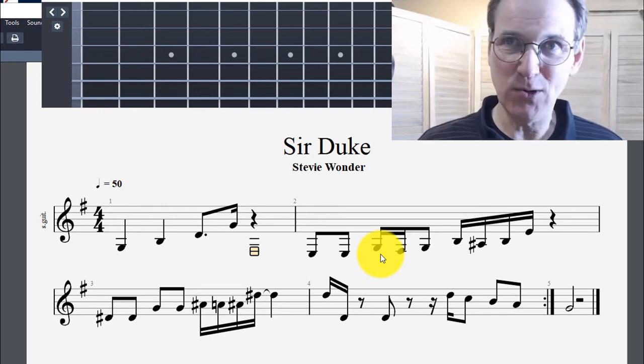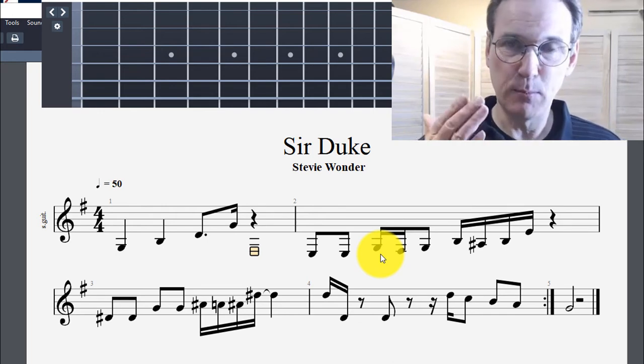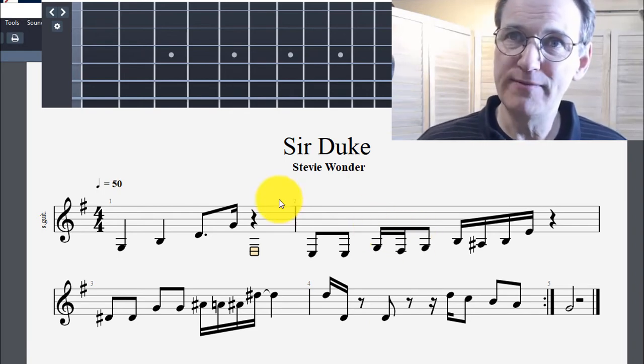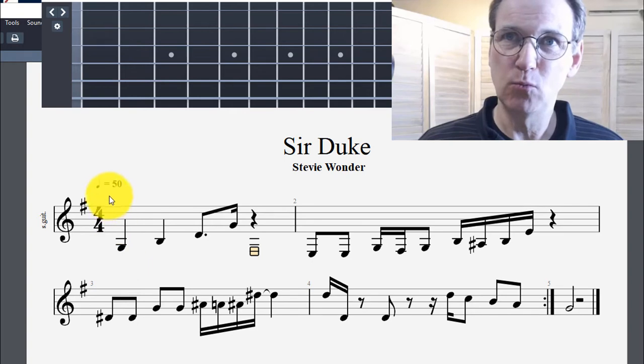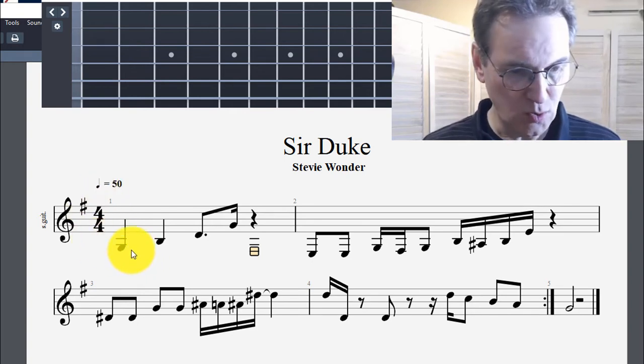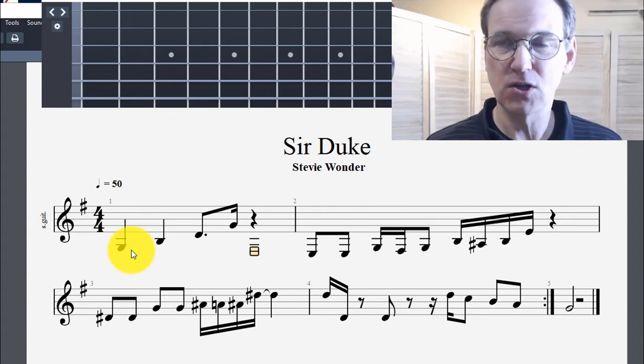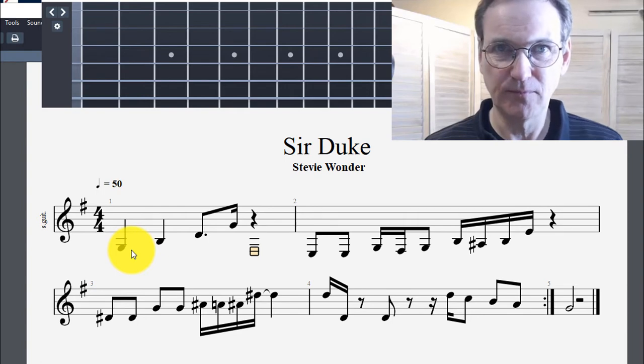So how we can count this is, we have to break it down into its smallest component part. So if you look at the quarter note, we're playing in 4/4. So I'm going to set this metronome for 50 beats. So this is going to be a quarter note, right?